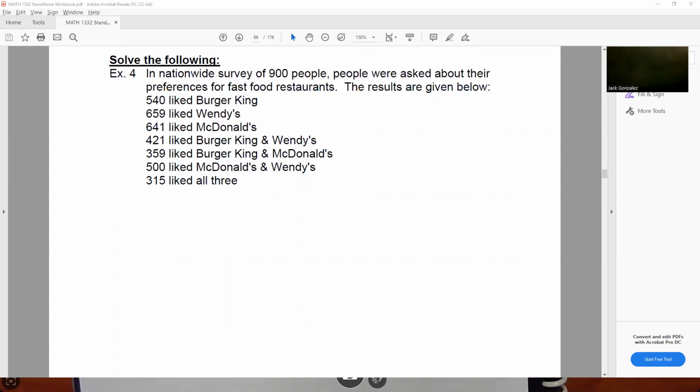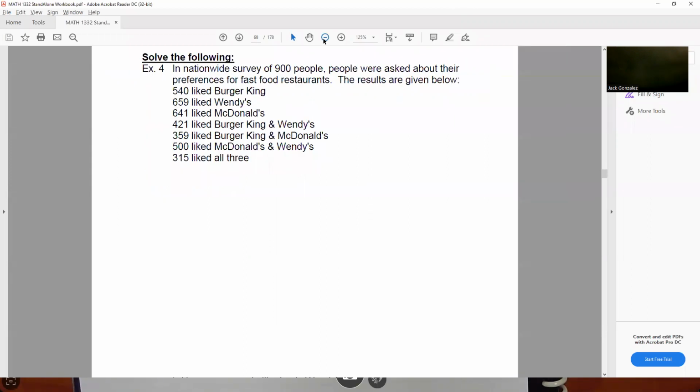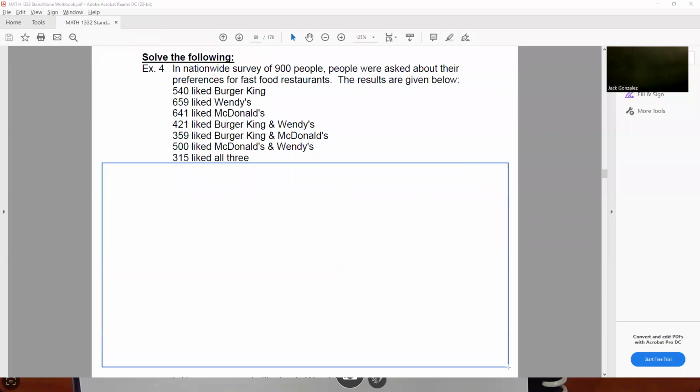Let me zoom out a little bit. Let's make my box. Make our circles. We got Burger King, Wendy's, McDonald's. So it's 3 circles, right?